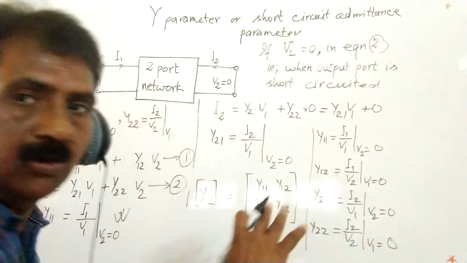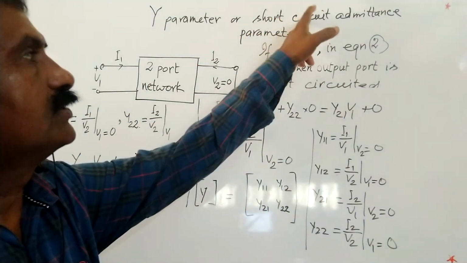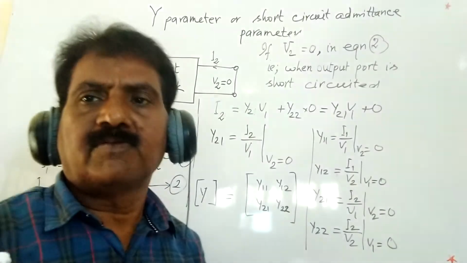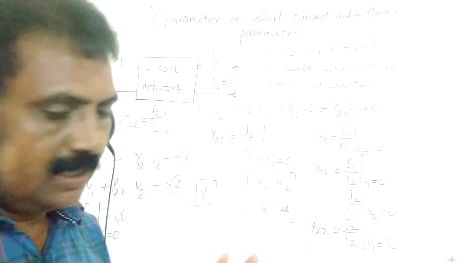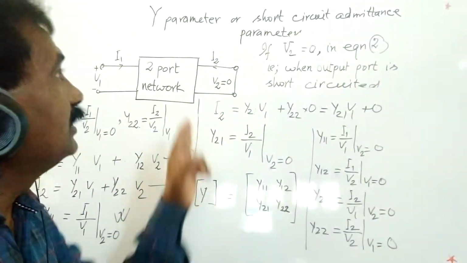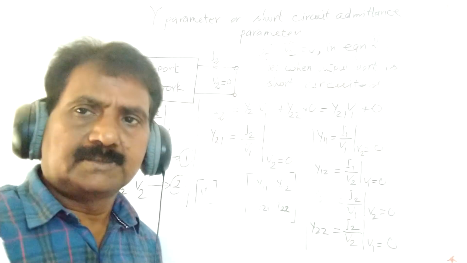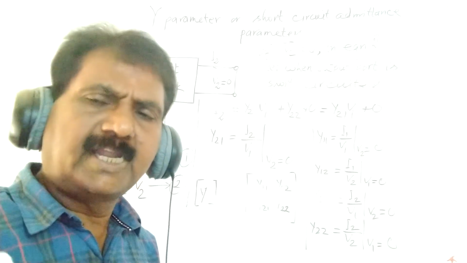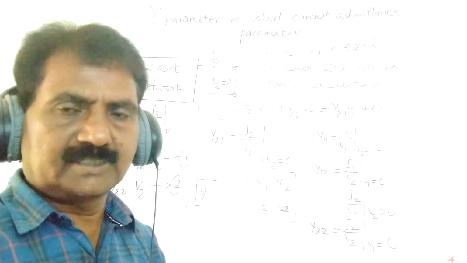Thus we obtained all the values about the Y parameter, or short circuit admittance parameter. But I just want to say one thing special here for you. If you are going to study both Y parameter and Z parameter, just try to understand first any one, either Y parameter or Z parameter, and compare them.